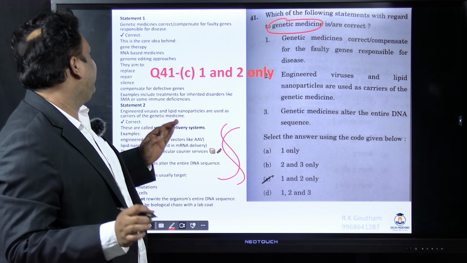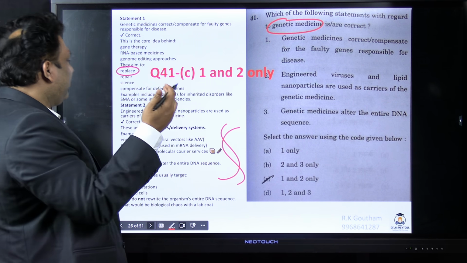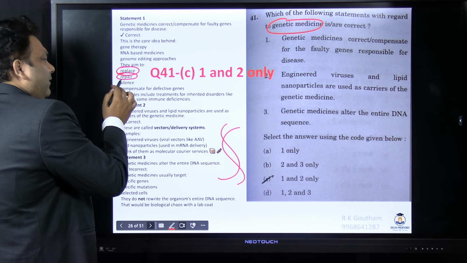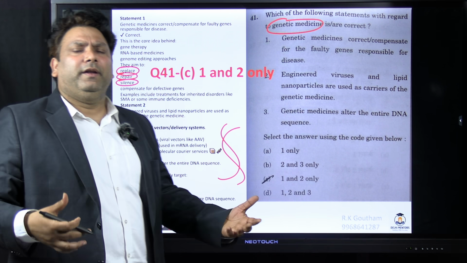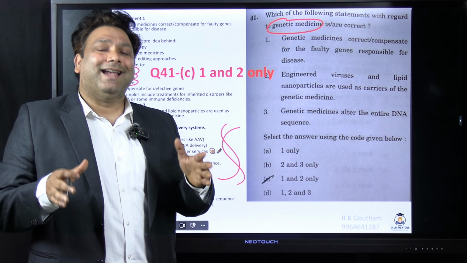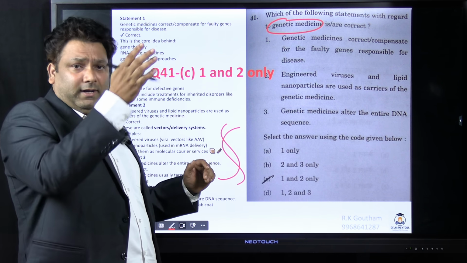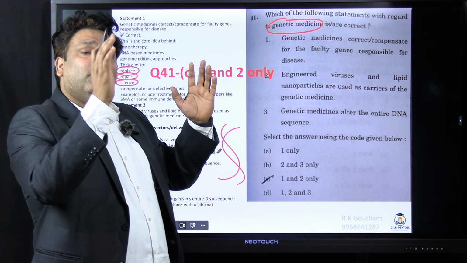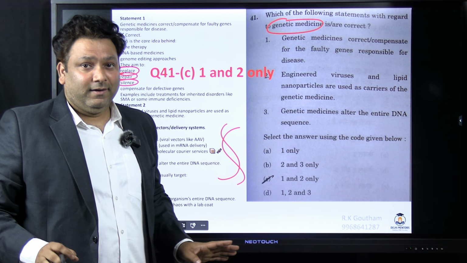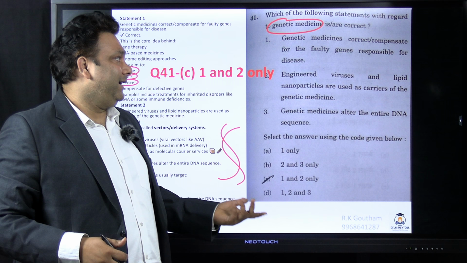So genetic medicine is all about, से आपके पास कोई डिफेक्टिव जीन है उसको रिप्लेस करना, नहीं तो वो जीन को रिपेयर करना, नहीं तो if any gene is producing, okay, unwanted consequences, उस जीन को साइलेंट करना. मीन्स उस जीन को आप तोड़ के, आई मीन वो सिंगल स्ट्रैंड बना के उसके साथ दूसरा चिपका दिया जाएगा, so वो साइलेंस हो जाता है. So this is also called as siRNA technique or silencing RNA technique.